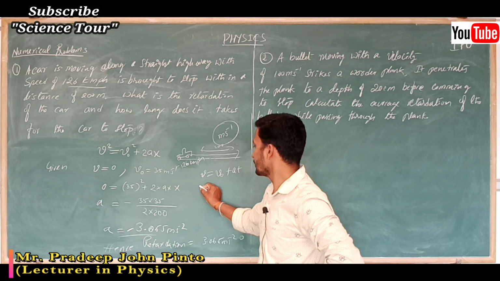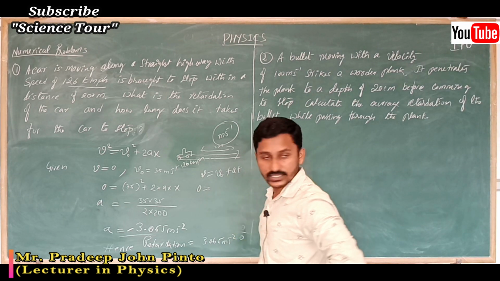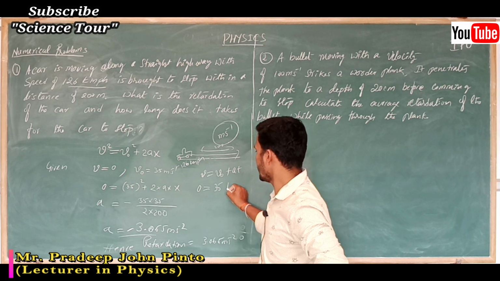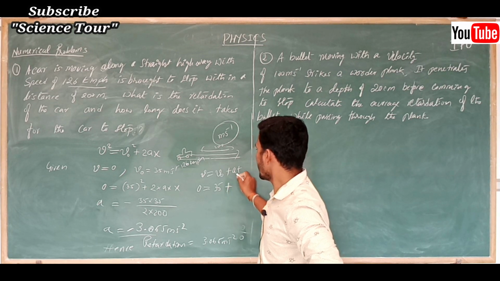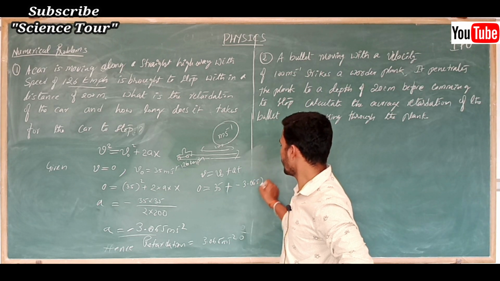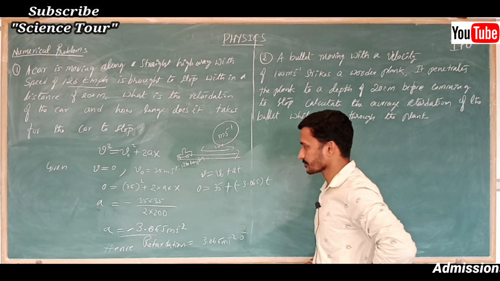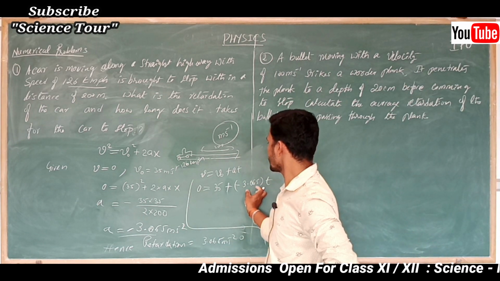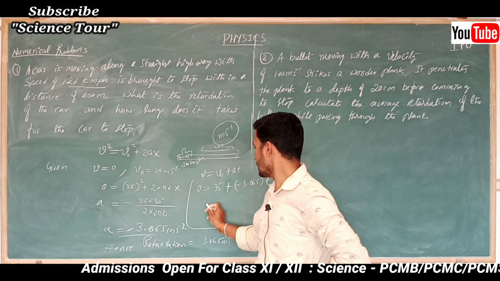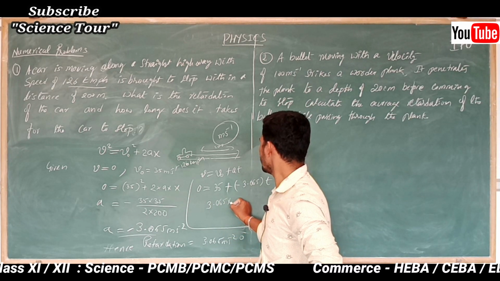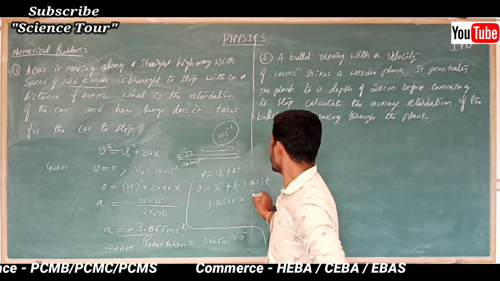So what is v? Final velocity is 0. What is initial velocity? 35 meter per second plus, but the acceleration is minus 3.065 into t. t you have to find out, no? So you take this minus to the other side, that is 3.065 into t equal to 35.